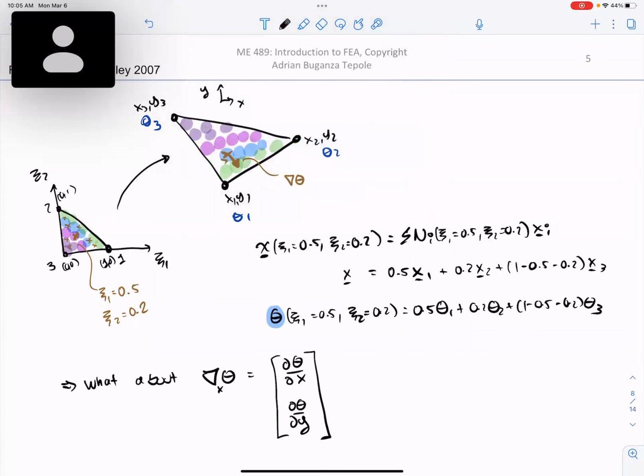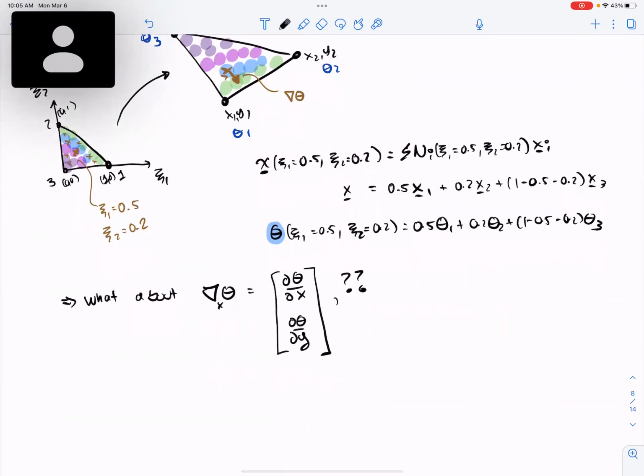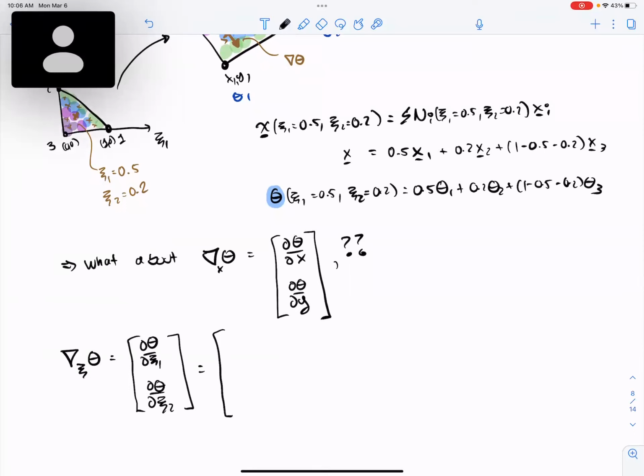Because, like I said before, now I don't have the shape functions in terms of xy. So I don't have an explicit representation of theta as a function of x. I only have an explicit representation of theta as a function of xi1, xi2. So I can easily get this gradient, because I have theta as a function of xi1, xi2.